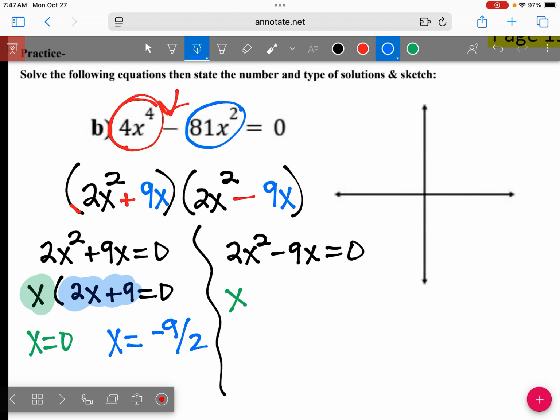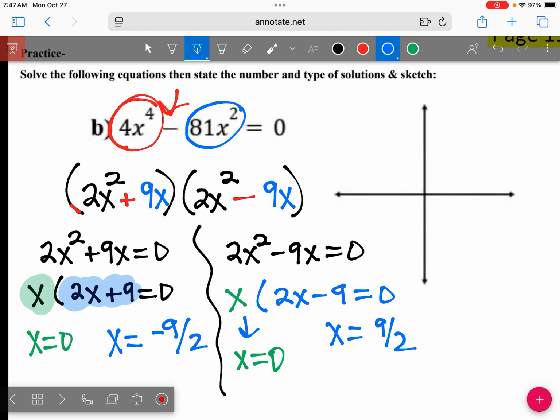And this time I have 2x minus 9 equals 0. So here I get another x equals 0. And then for my second one, I get x equals positive 9/2. So I have 3 answers because we got 0 appearing twice.